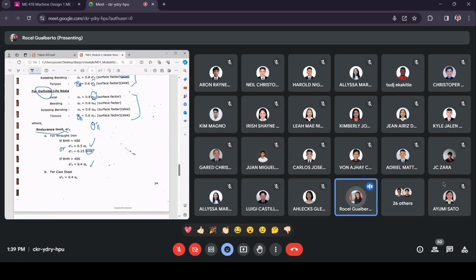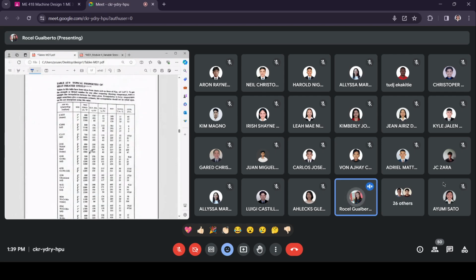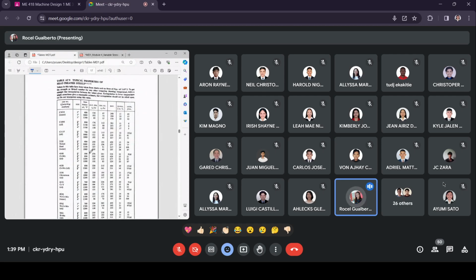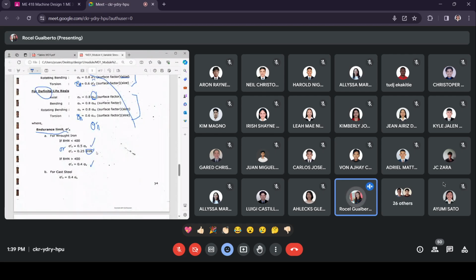On our tables, there are cases that the tables do not contain the BHN value. Say, for example, we have table 8010. No values of BHN are presented. So how can you obtain the value of your sigma prime n if you will be using the second equation?